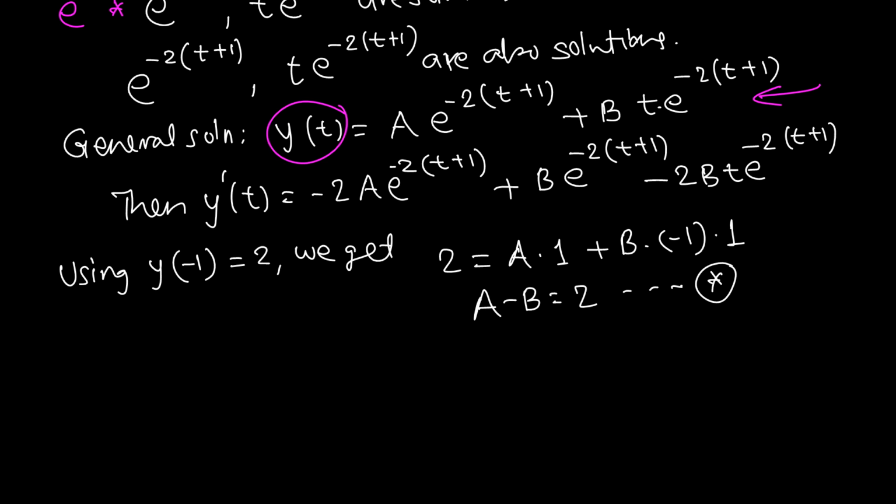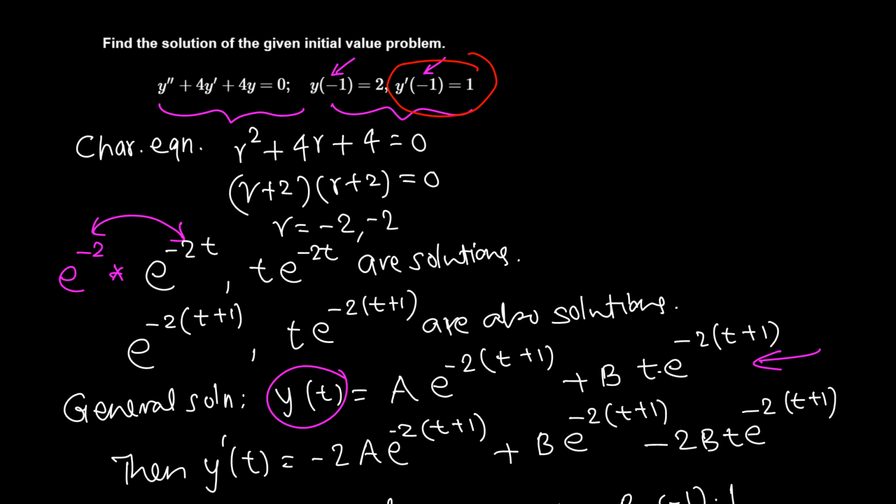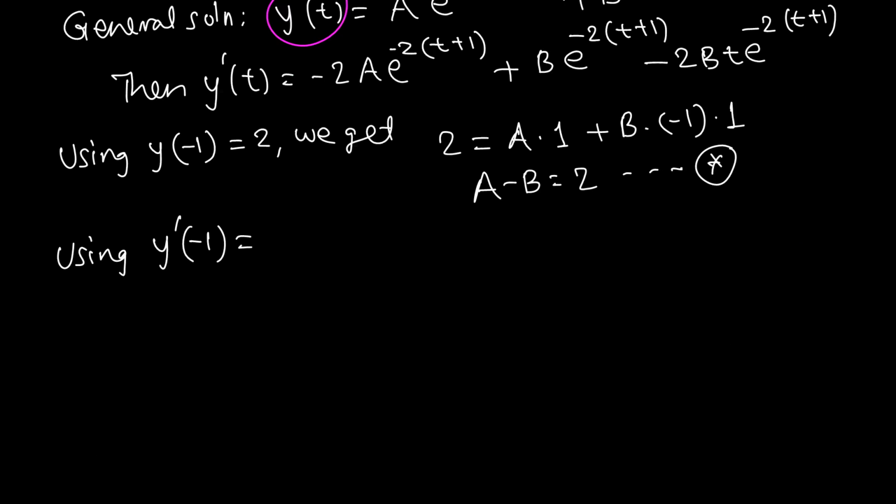Using the second initial condition, which is y prime at negative 1 equals 1, we're going to apply this here in this equation. So y prime is 1 when t is negative 1.